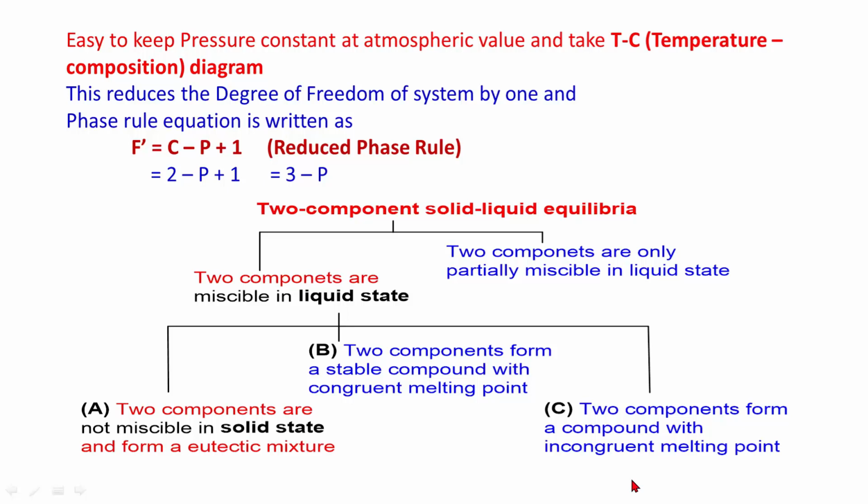incongruent melting point. We will discuss two components that are miscible in liquid state but are not miscible in solid state. This is a eutectic system. Eutectic means easy to melt.